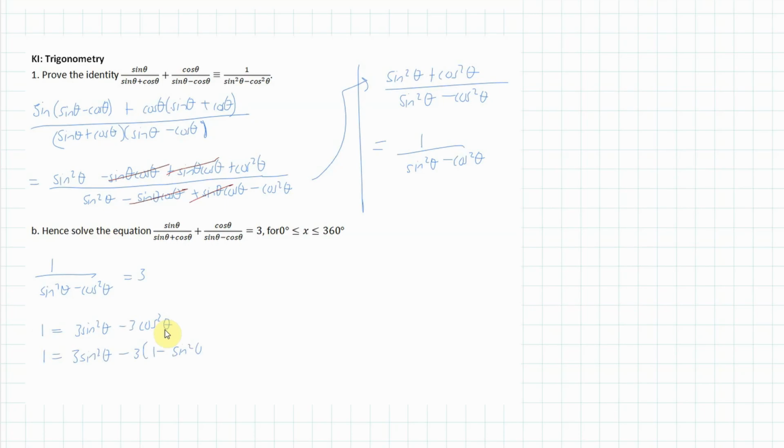So I've replaced the cos squared theta with 1 minus sin squared theta. Next line, so 3 sin squared theta minus 3 plus 3 sin squared theta. So we get 4 equals 6 sin squared theta. So sin squared theta equals 4 over 6 or 3 over 4.